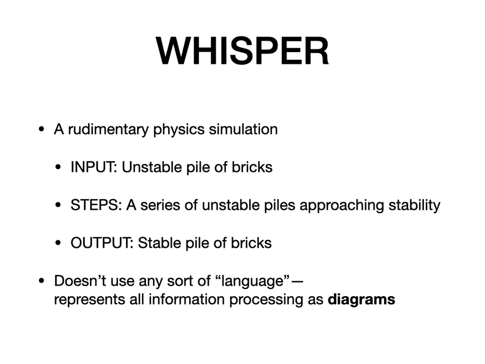The steps in this simulation are a series of unstable piles that will move slightly one step at a time according to a gravity simulation. And then the output will ultimately be a stable pile, once the bricks, once the objects have all fallen. There's no language here. All information is these abstract diagrams of shapes.